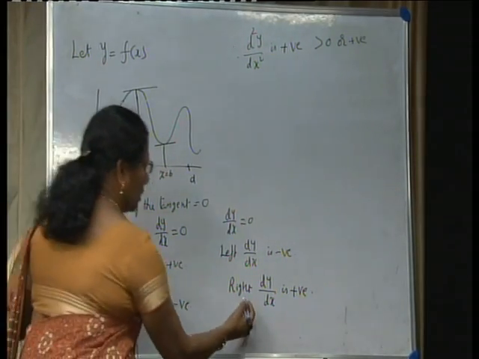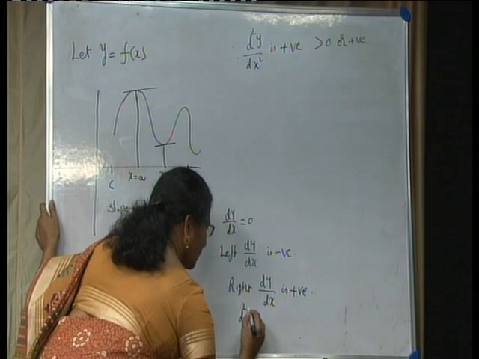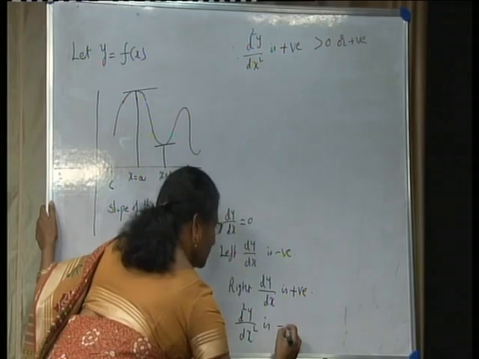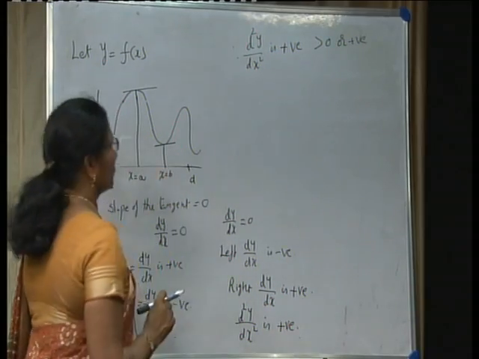Therefore at this point d squared y by dx squared is positive.